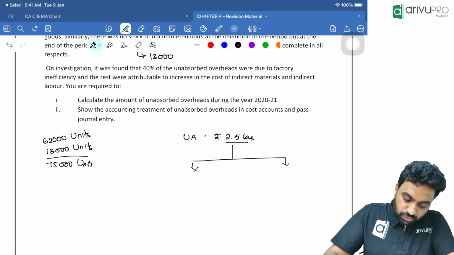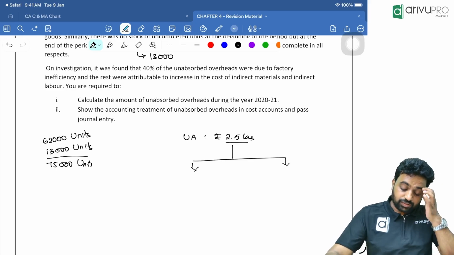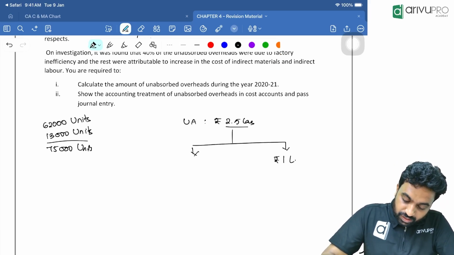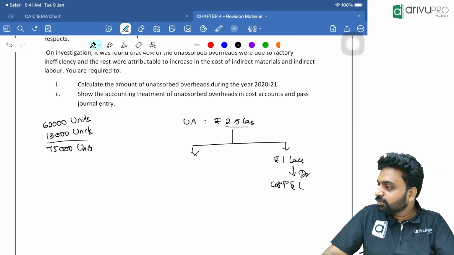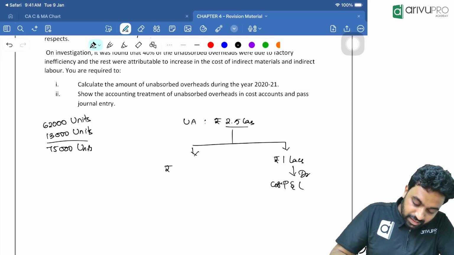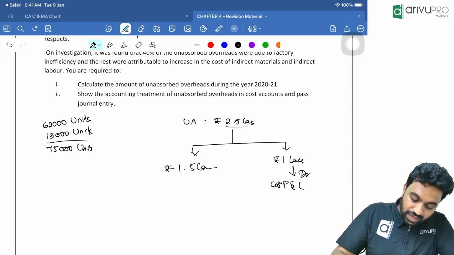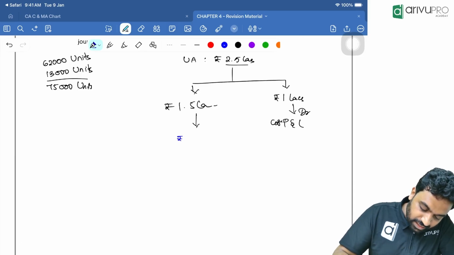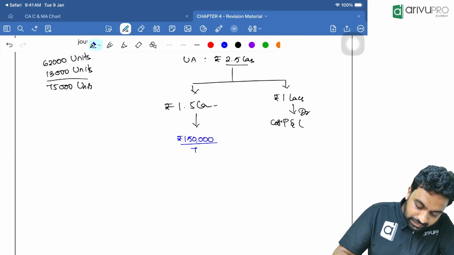Remaining was attributable to increase in the cost. So 40% is how much? 1 lakh. This will straight away go to P&L. Correct? Debit it as it's under absorption. Whereas remaining 1.5 lakh, we have to calculate supplementary rate, which is basically 1,50,000 divided by 75,000, rupees 2 per unit.